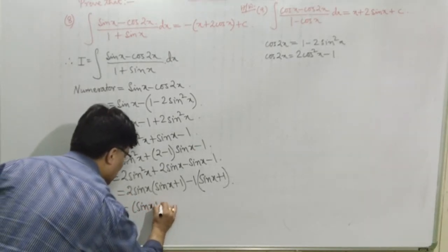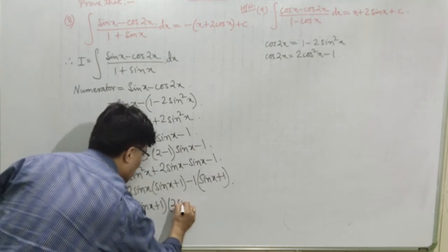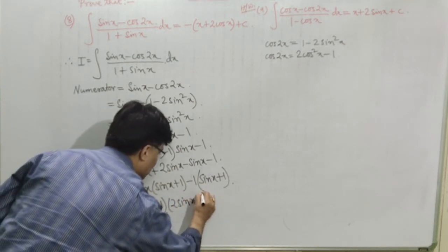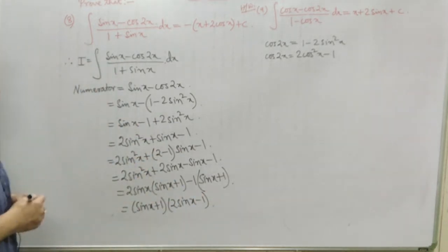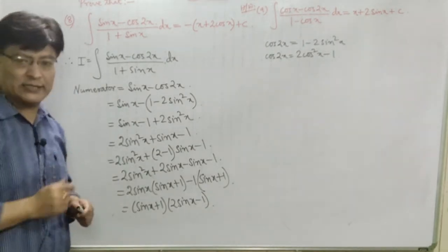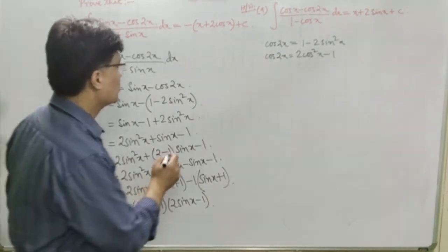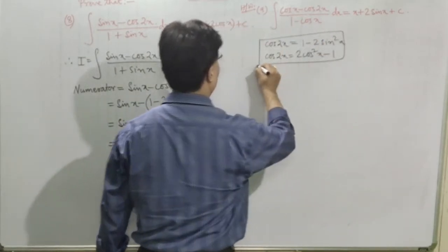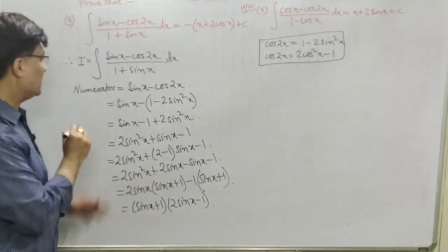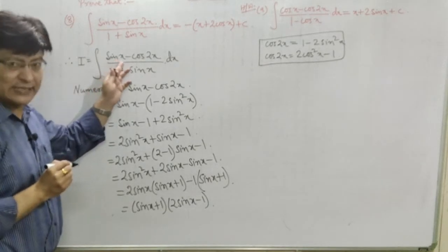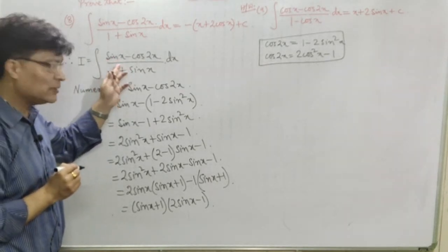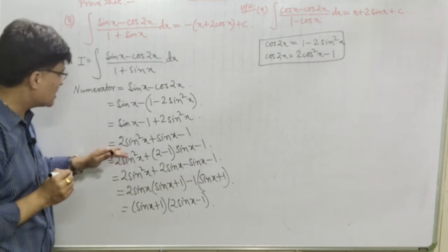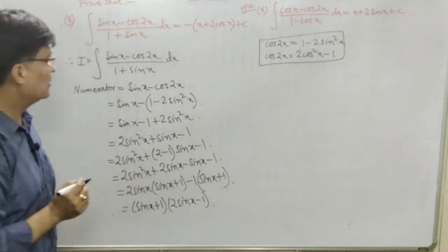This is sin x plus 1 into 2 sin x minus 1. So we have factorized this numerator, right? So now in the next step, what will you do? Let us put the value of the numerator in this integration. In the integration, let us put the factorized form of the numerator, okay?